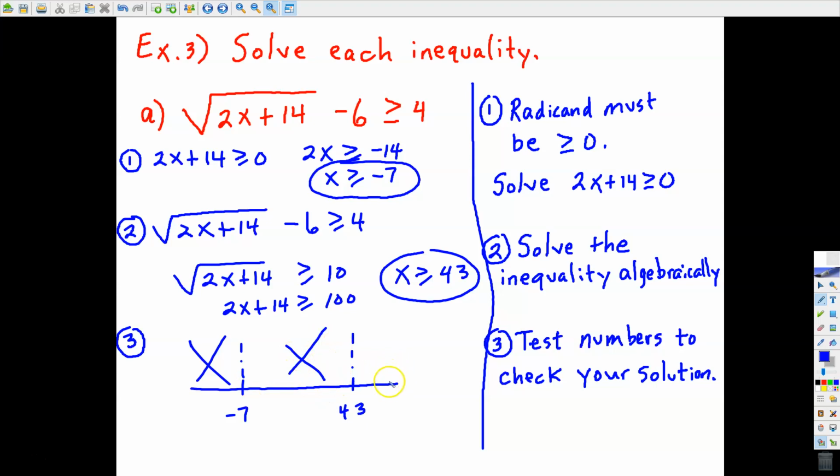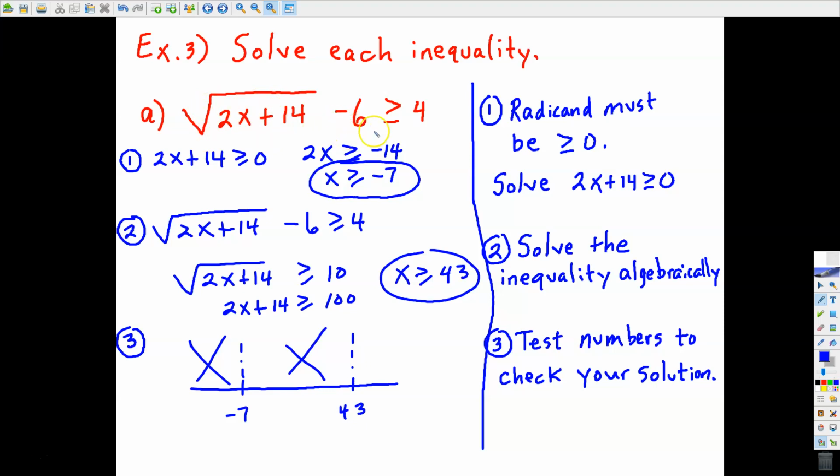So now let's verify that something over here, does it work or not? So let's try 44. So we get 88 plus 14, and it's going to be 102. All right, so let's think about this. If it were the square root of 100, that would be 10.